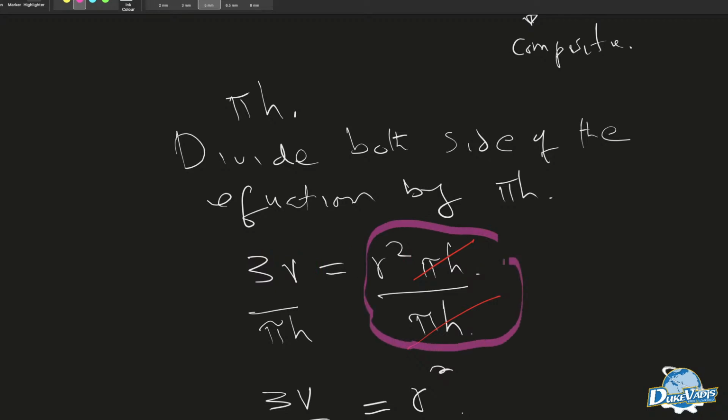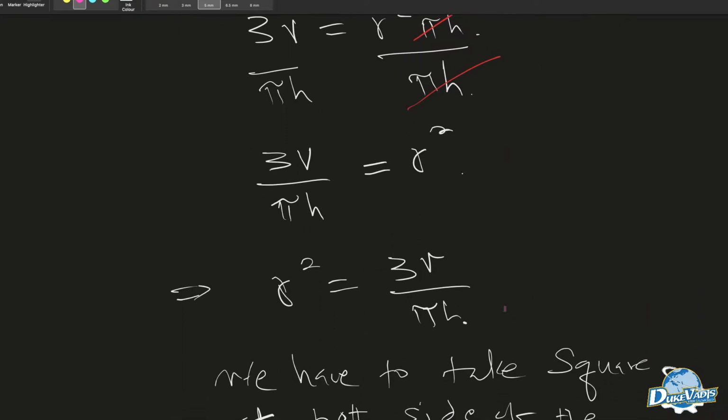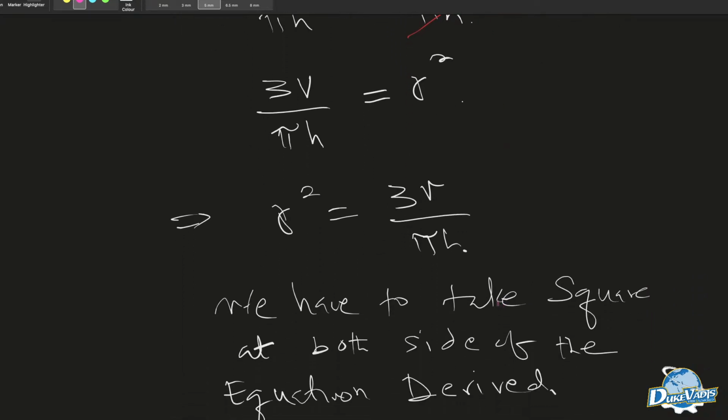The pi h cancels the pi h, which makes r squared stand alone. So r squared equals 3v over pi h.